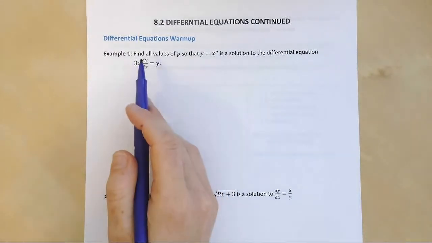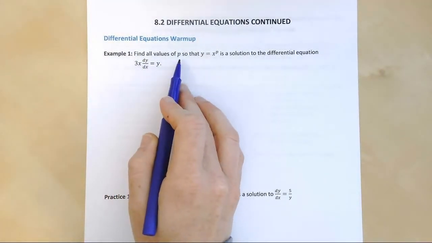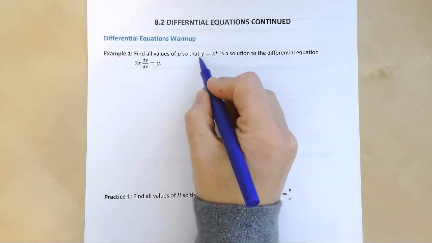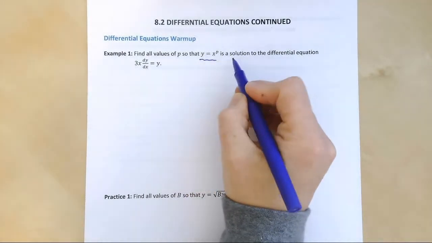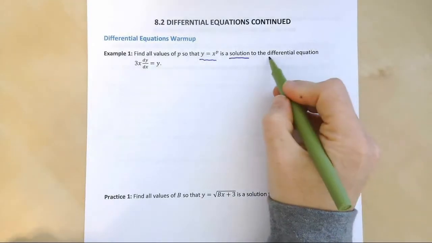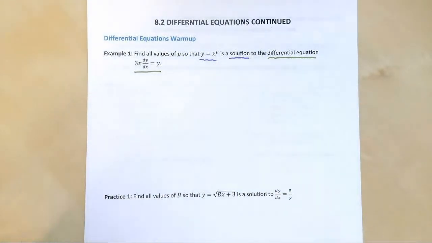Let's read this question. Example 1. Find all values of p so that x to the p is a solution. We're trying to find y equals x to the p to be a solution to the differential equation that's given, 3x dy/dx equals y.